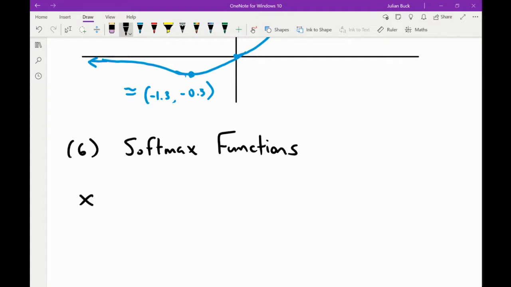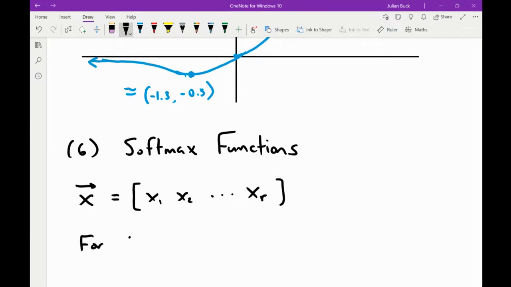Just a little bit of notation here. The whole idea is these are going to be very useful for multinomial classification, where you have many potential target classes. So let's make a vector, call it x, and x will simply consist of x1, x2, some number of entries, however many we need. Let's say xr.